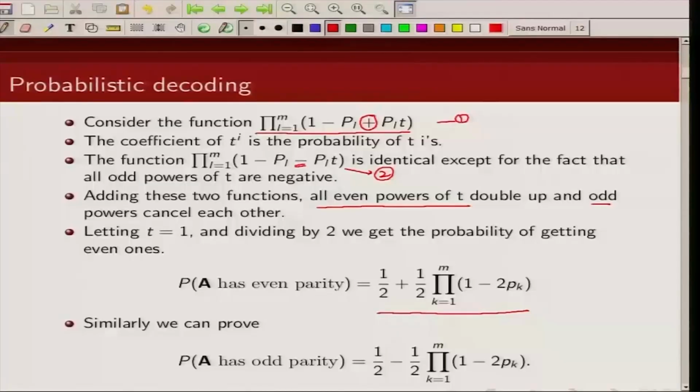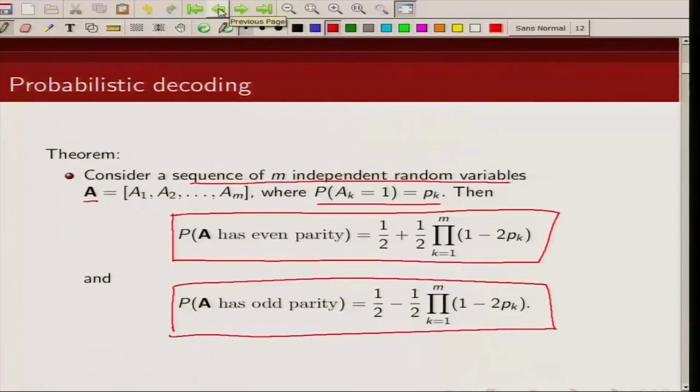Similarly, we can also prove the probability that A has odd parity. In this case, this will have all terms positive, odd powers also positive, while this will have odd powers negative. So, if we subtract this from this, we will get the probability of odd parity, and that is given by this.